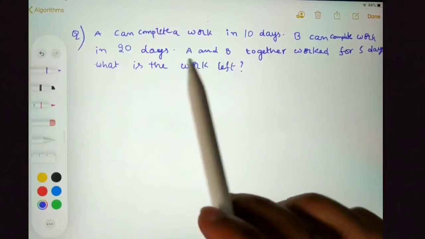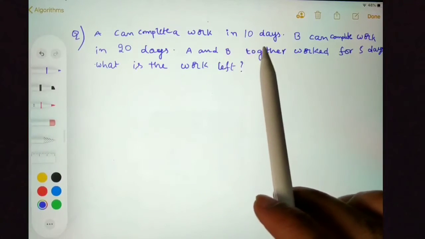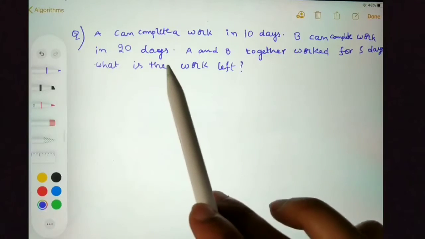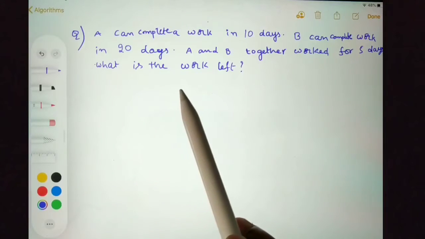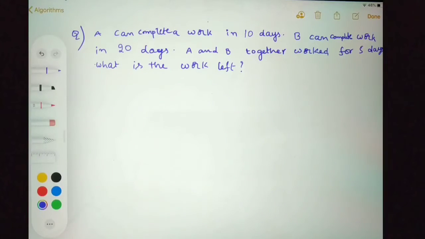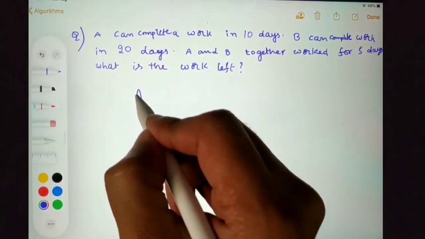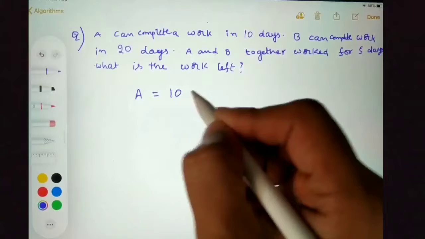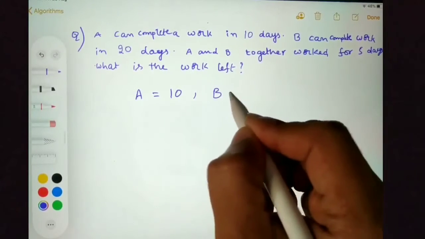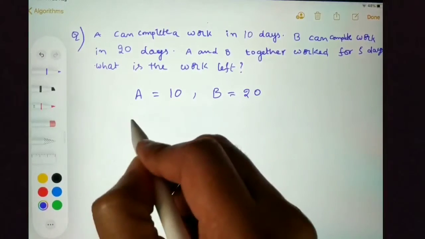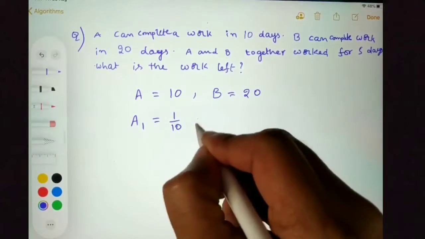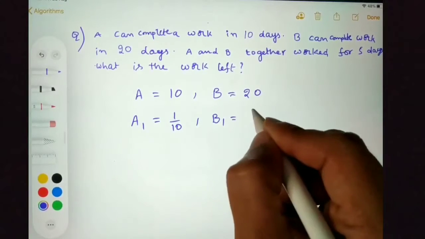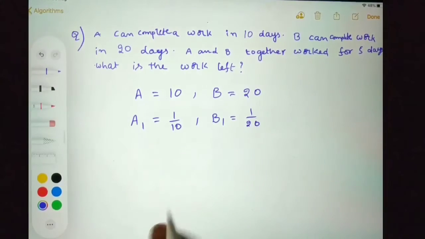Here is another problem. A can complete a work in 10 days. B can do the same in 20 days. A and B together worked for 5 days. Then what is the work left or remaining? A can complete the task in 10 days and B can complete in 20 days. A's 1 day work will be 1 by 10 and B's 1 day work will be 1 by 20.